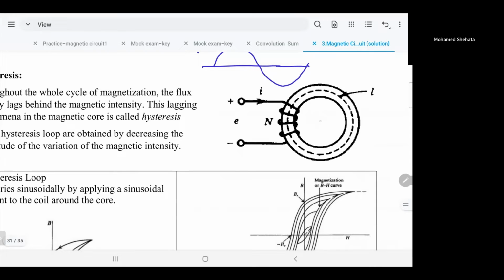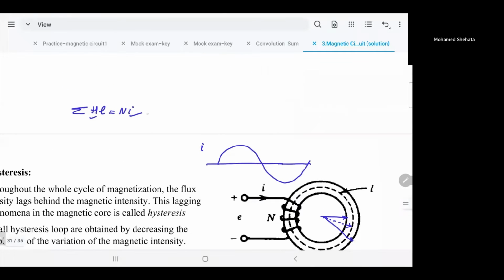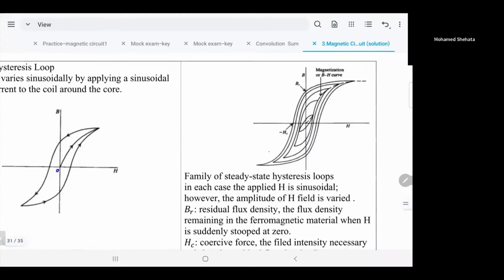If you know the inner radius and the outer one, then you can average them, and then you get the average radius, and then you can get the circumference of this path. That's the length where the magnetic flux flows. So let's just go back. There is a relationship between H and I. Every time you increase I, you increase H. So that's how you control H, just by increasing I.